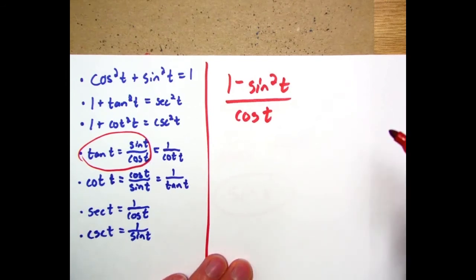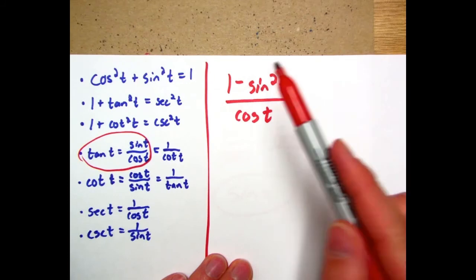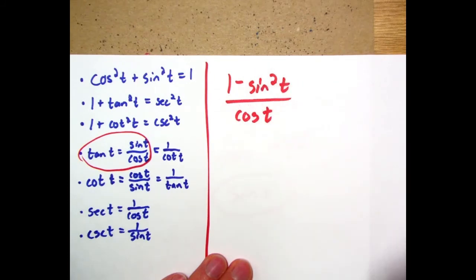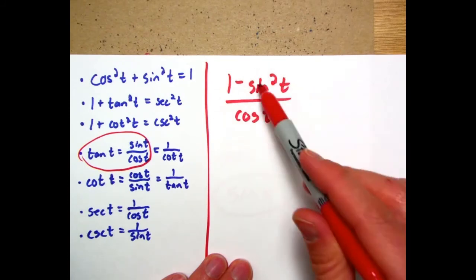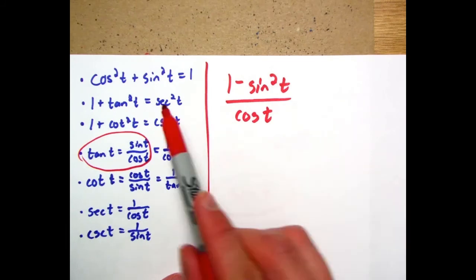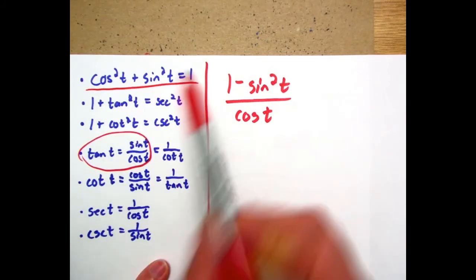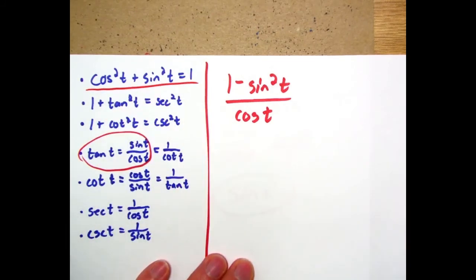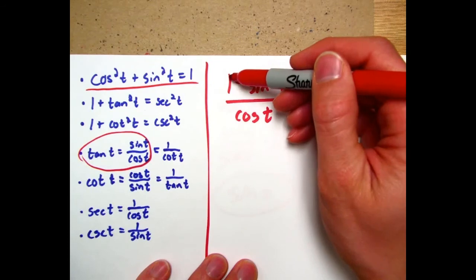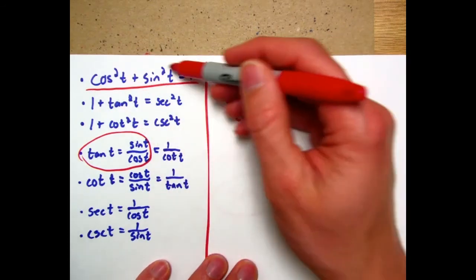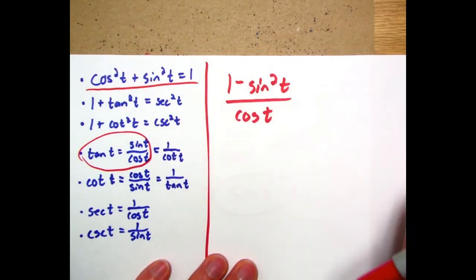All right. So I'm actually going to focus on this number 1 right here and the fact that there's a sine squared here. See, I have another identity that has a 1 and a sine squared in it. We're going to use a little bit of substitution here. I can put all of this stuff in for a 1.